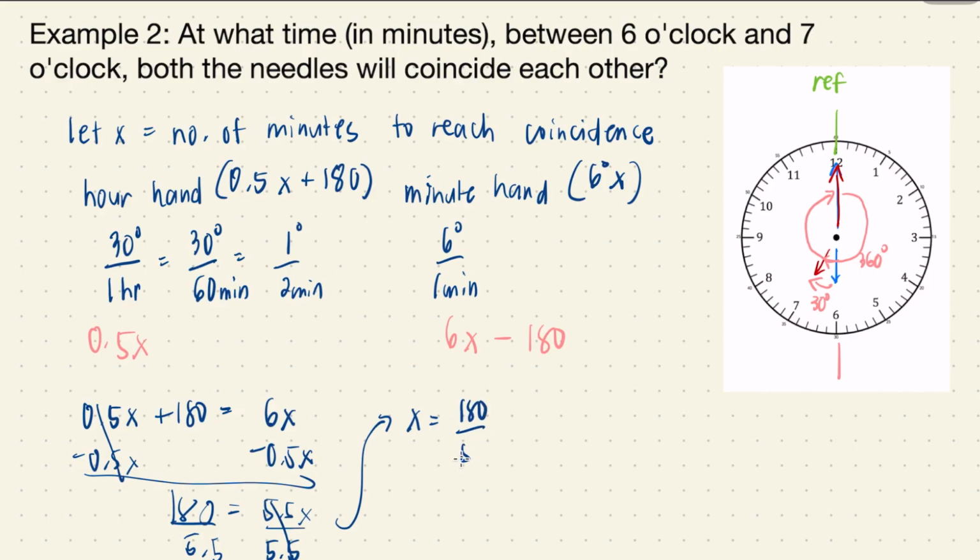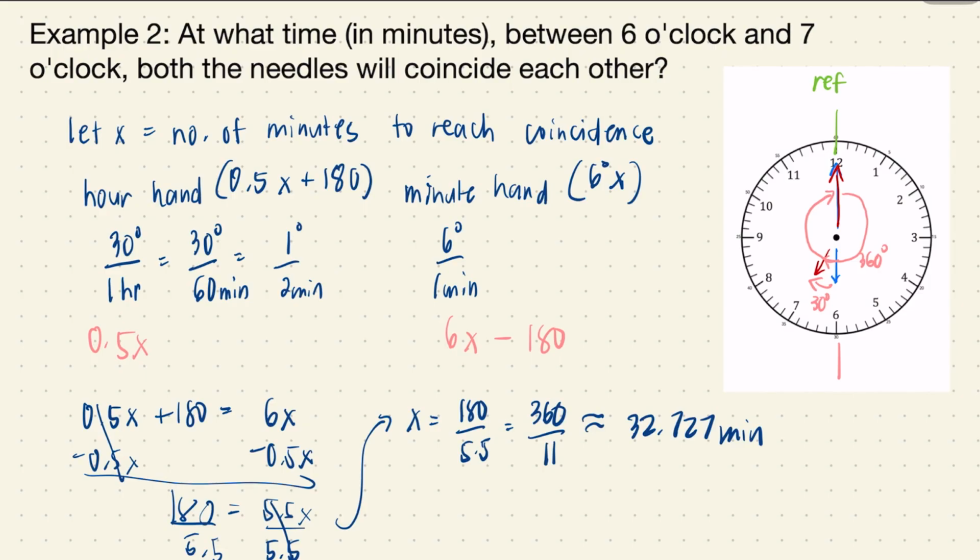180 over 5.5, or just to para magkaroon lang ng denominator na whole number, we can put in 360 over 11. Okay? Or approximately, that's 32.727 minutes. Okay?